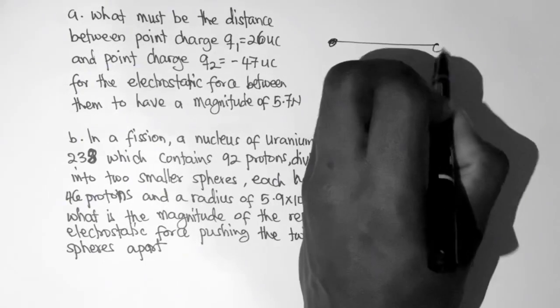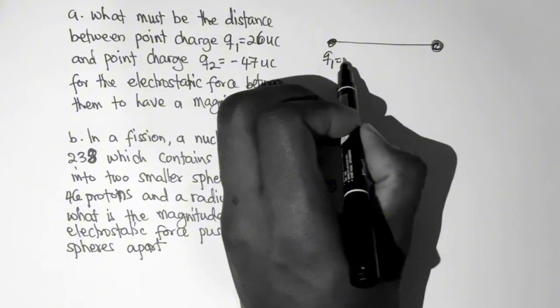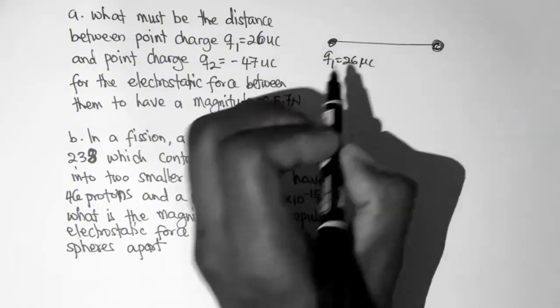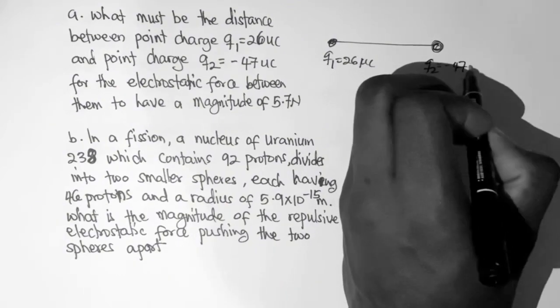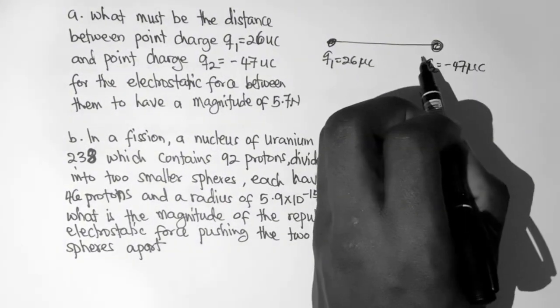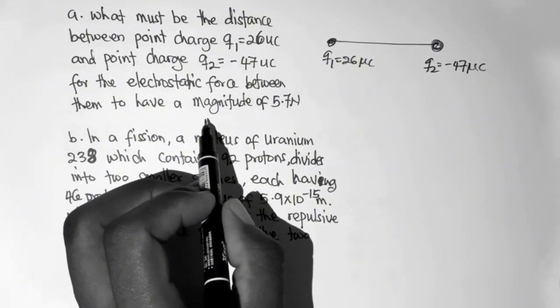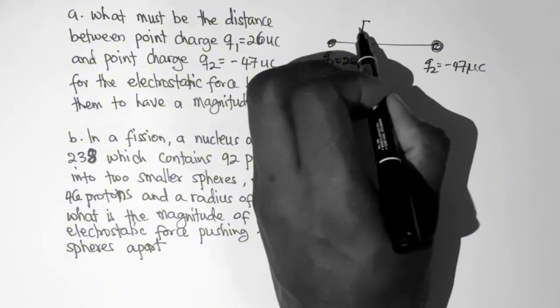This is charge 1 and this is charge 2. Charge 1 is equal to 26 microcoulombs, and the second charge Q2 equals minus 47 microcoulombs. The distance between them is what we are looking for, and the magnitude of the force F is equal to 5.7 newtons.